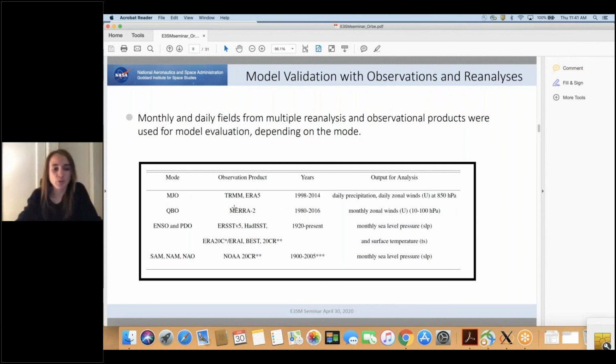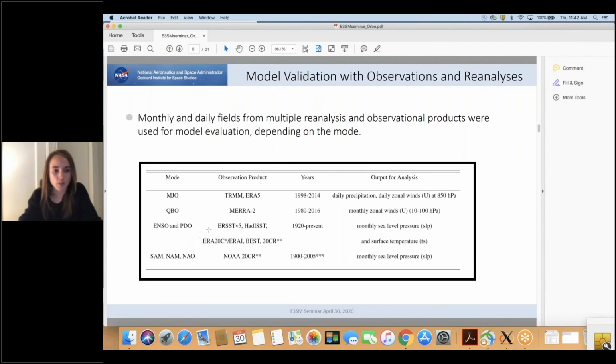For the QBO, we primarily leaned on MERRA-2, which previous studies have shown does a good representation at getting both period and the amplitude, albeit with some small discrepancies in terms of the actual peak of the QBO at higher altitudes. But overall, MERRA-2 does a very good job in representing the structure and the dynamics of the observed QBO.